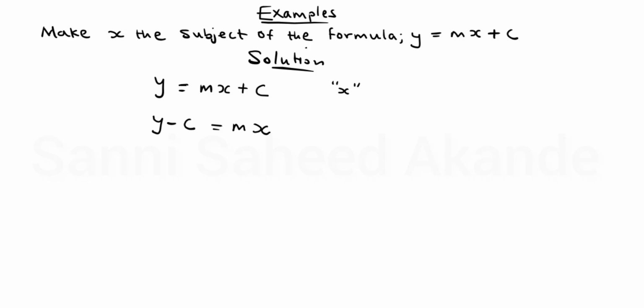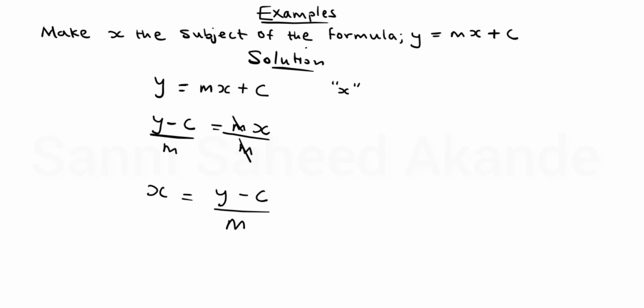So just divide both sides by m. This m will cancel this, and you are left with x is equal to y minus c divided by m. As you can see, x is now the subject of the formula.